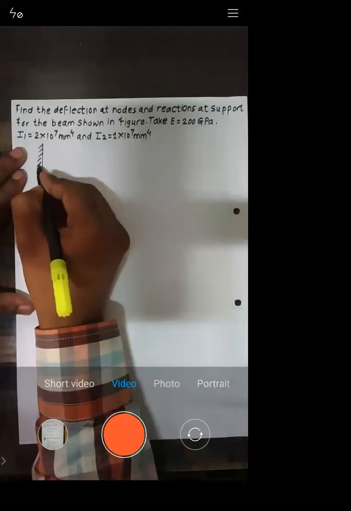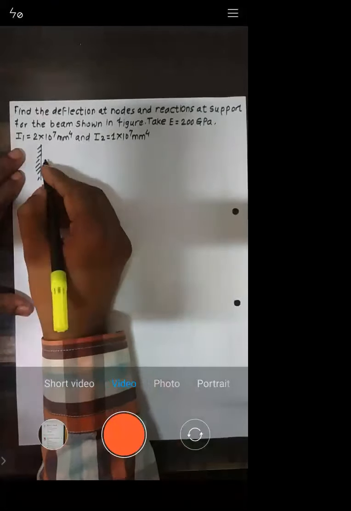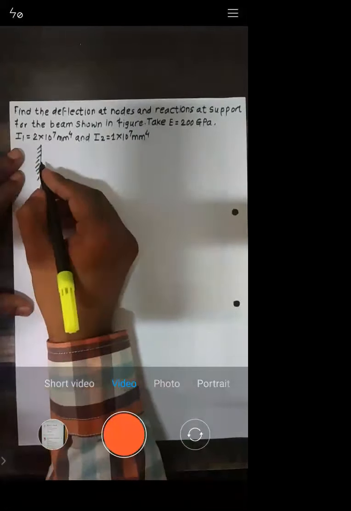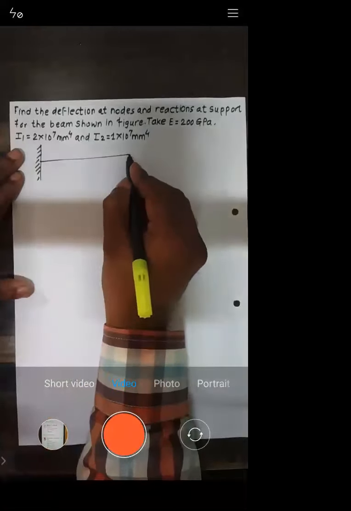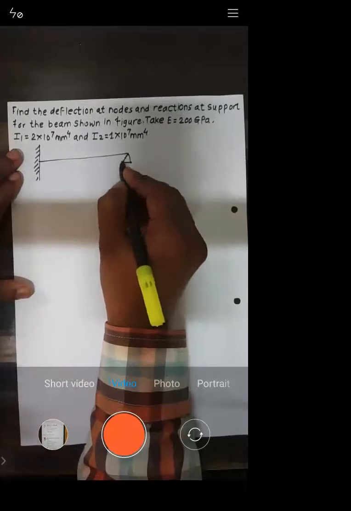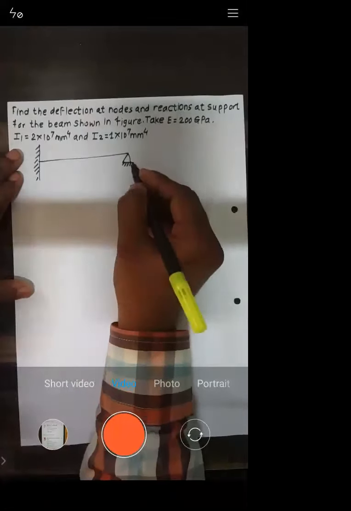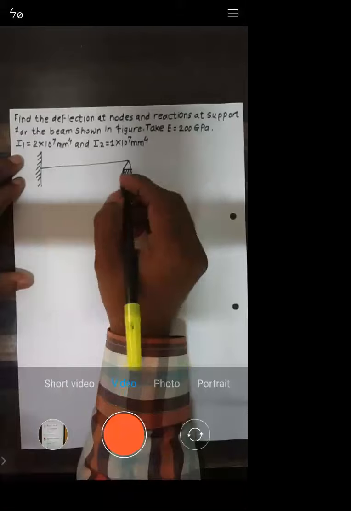On the left hand side they have provided a fixed support. This is the beam, which is fixed again at the other end.